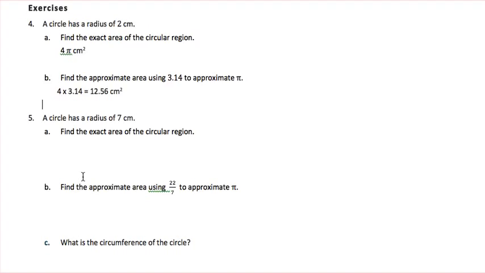In number 5, the circle has a radius of 7 centimeters. If we want to find the exact area, remember we'll square the radius. 7 squared is 49. And in terms of pi, that would be 49 pi centimeters squared.